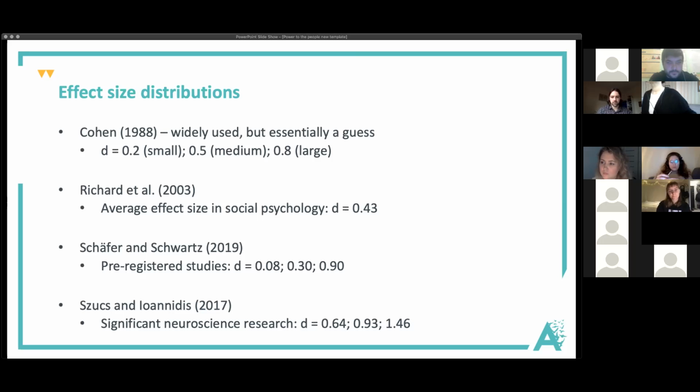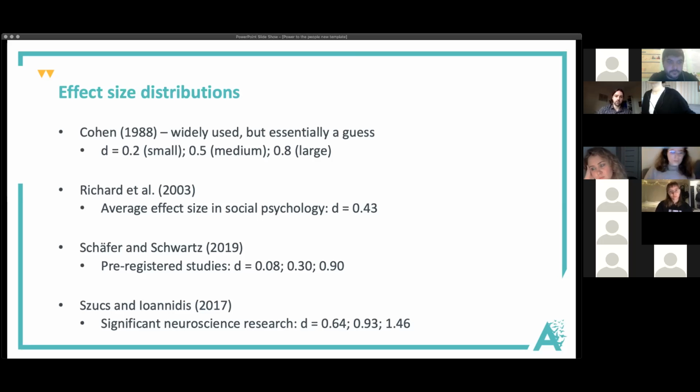If I've got nothing else to go on, that is potentially the next best thing. But then there is a whole series of other studies that, for specific sub-areas of psychology or specific topics, have tried to look at these distributions.